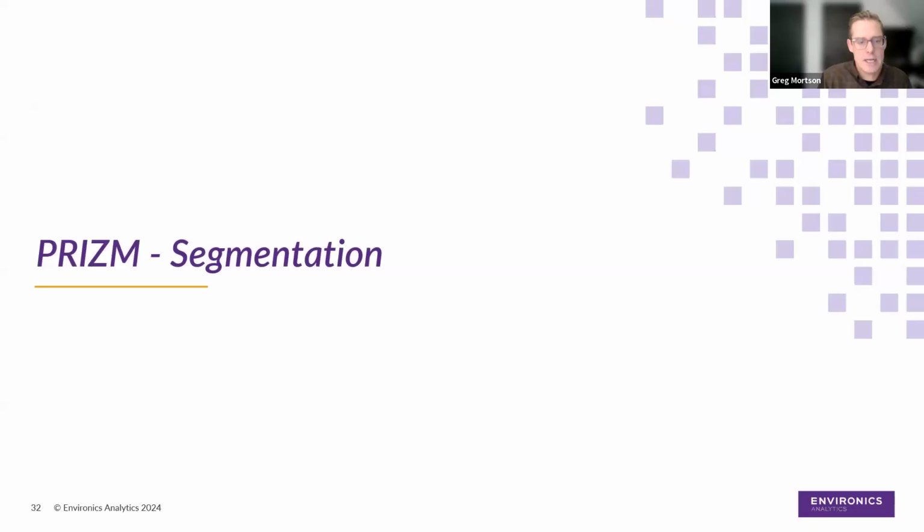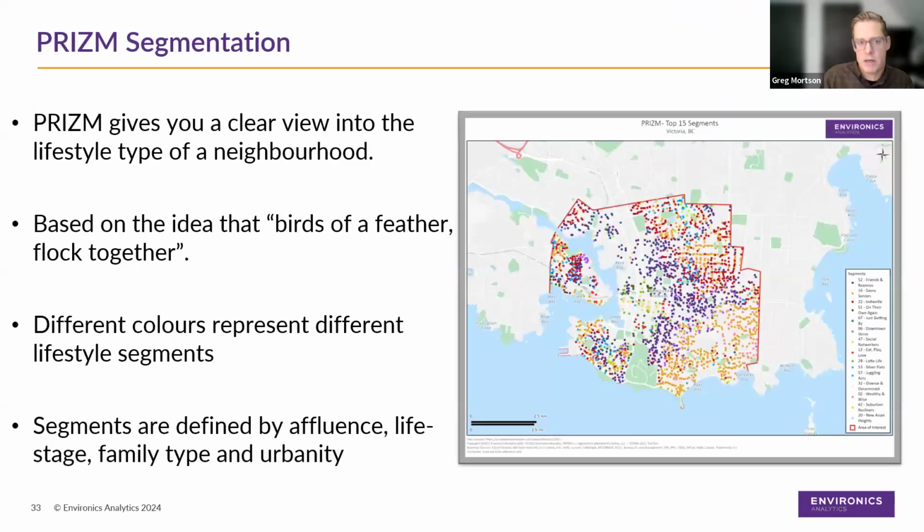The last section I have here is all about our segmentation system. This is a data product that we provide, from Environics Analytics, probably one of our flagship data products. What it does is it takes a lot of different variables from across everything we have available to us, all the way down to a postal code level.